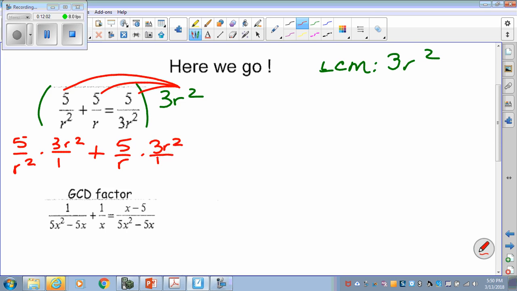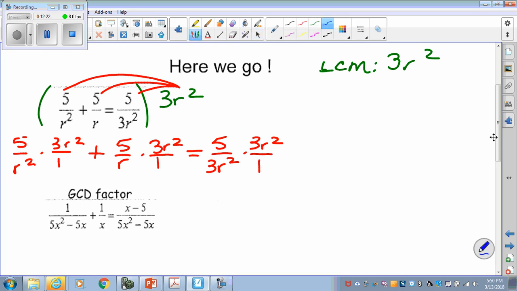I'm just distributing this. Okay, and I'm just going to put the over 1 so I can remember that that's in my numerator. And then I have 5 over 3r squared times 3r squared over 1.